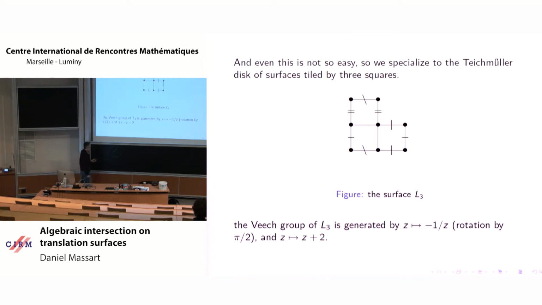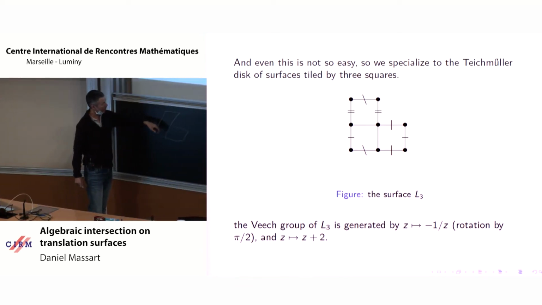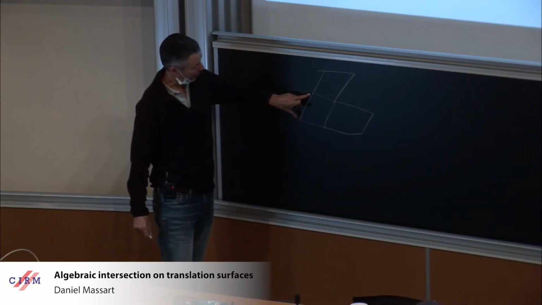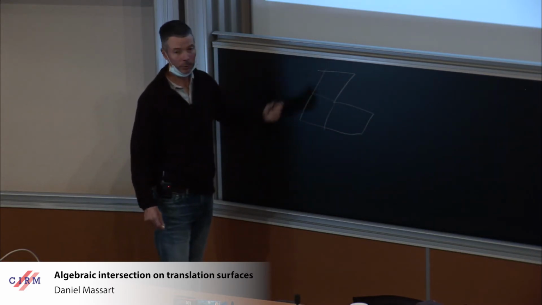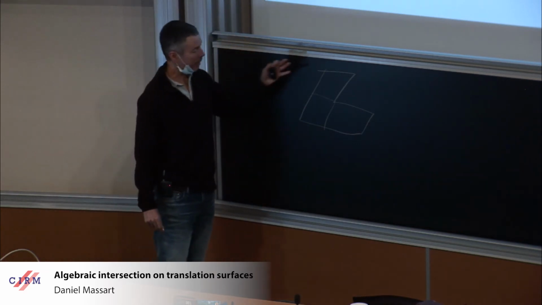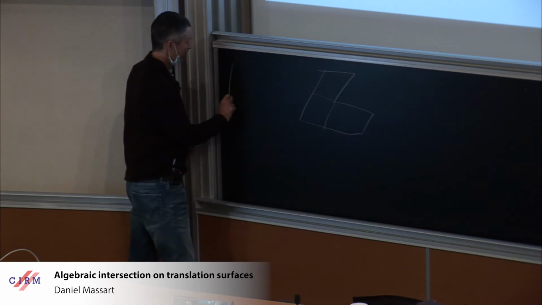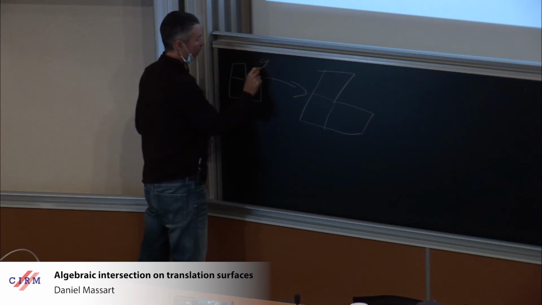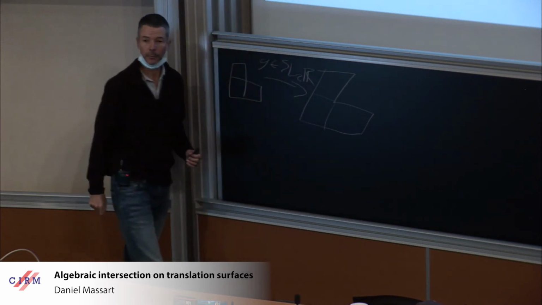And here, the action of SL2R is very easy to see because you act by SL2R on some parallelogram, which gives you another parallelogram, and the edges are still pairwise parallel and with the same length, so you can glue again and you get another surface. So it can happen that when you act by an element of SL2R on a surface, say, I start with this and I act by some element of SL2R and I get this.